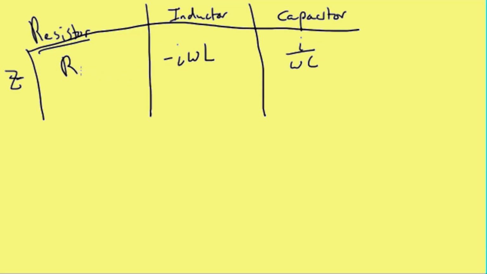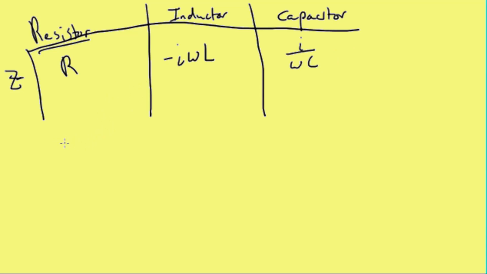So a resistor only has a real part. If you have an impedance that's only imaginary and only negative, then it behaves like an inductor. If it's only imaginary and only positive, it behaves like a capacitor.